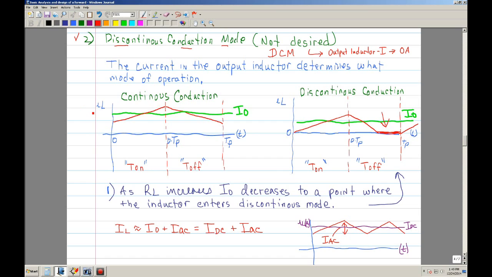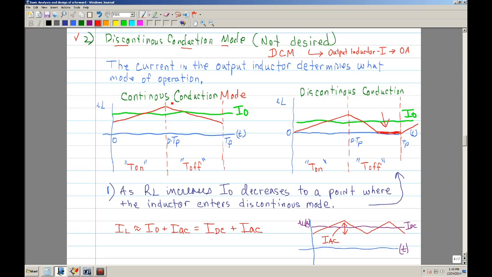So let's take a look at that a little bit. Here are two graphs, and this is continuous conduction mode. If you were to get a scope and a clamp ammeter probe connected across the output inductor, you would see a waveform that looks like this.